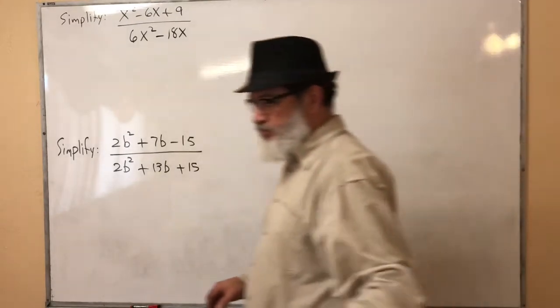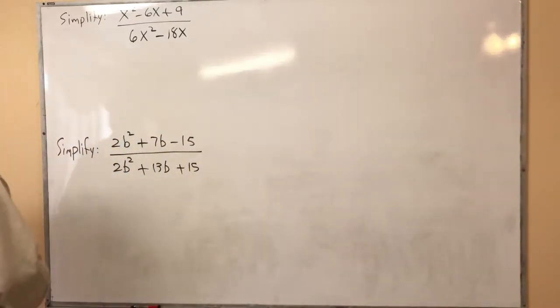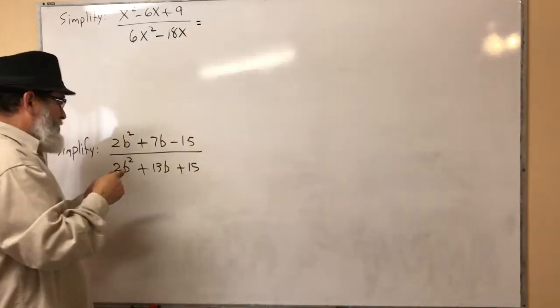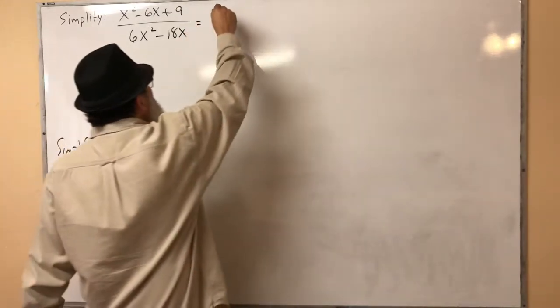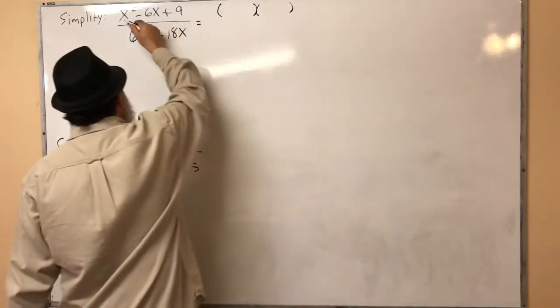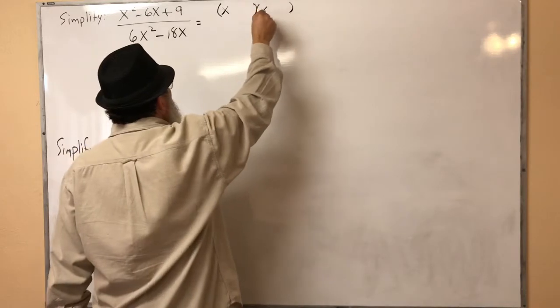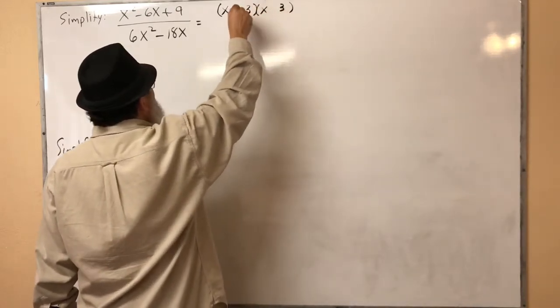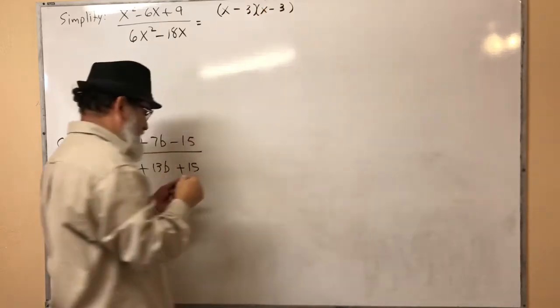Okay. Let us simplify. No problem. Let's factor the top. Prime factorization. That's x squared, that's x times x, and 3 times 3, and this is minus and minus.